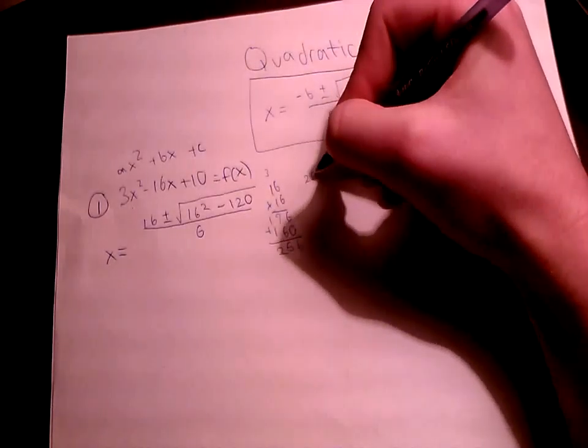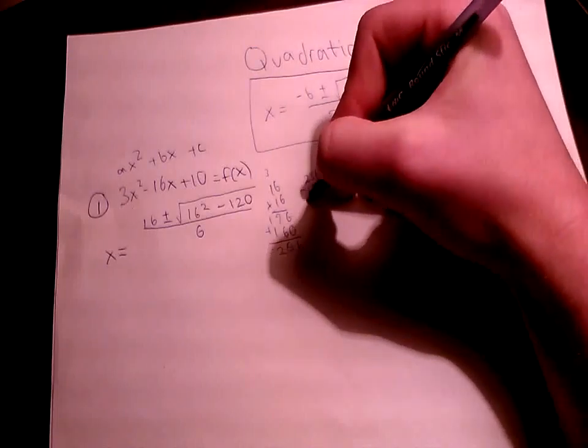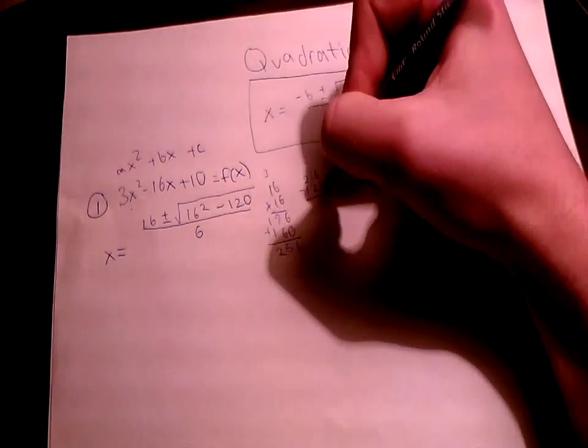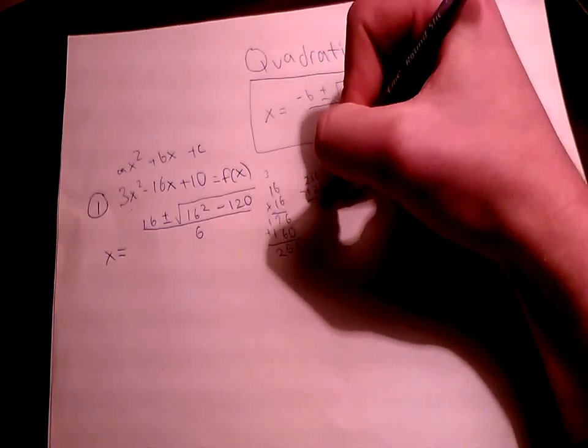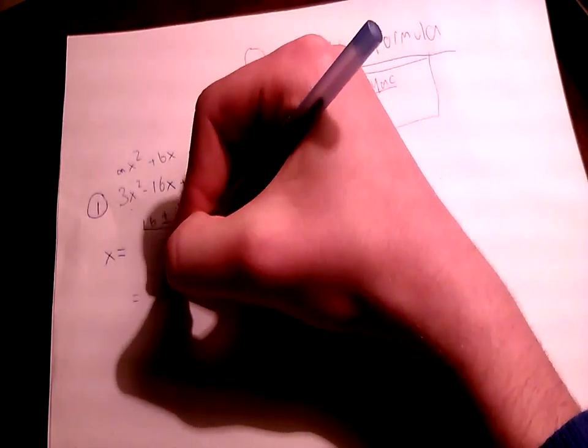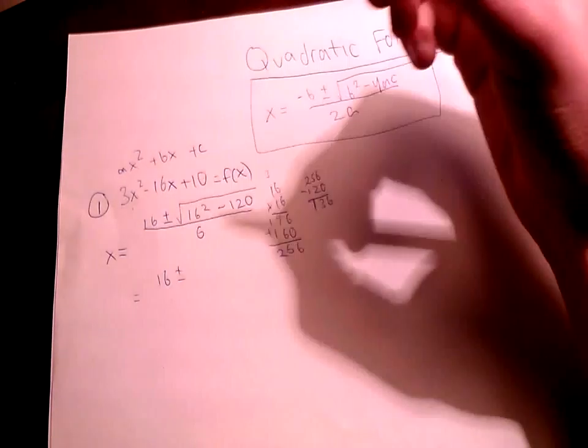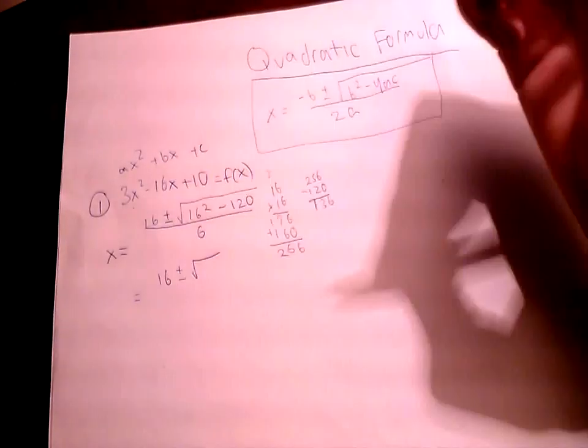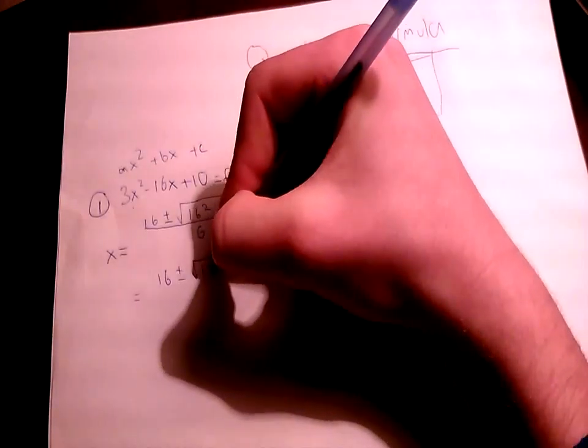And then 256 minus 120, so we can finish our radicand, is 136. So now we end up having 16 plus or minus the square root of 136.